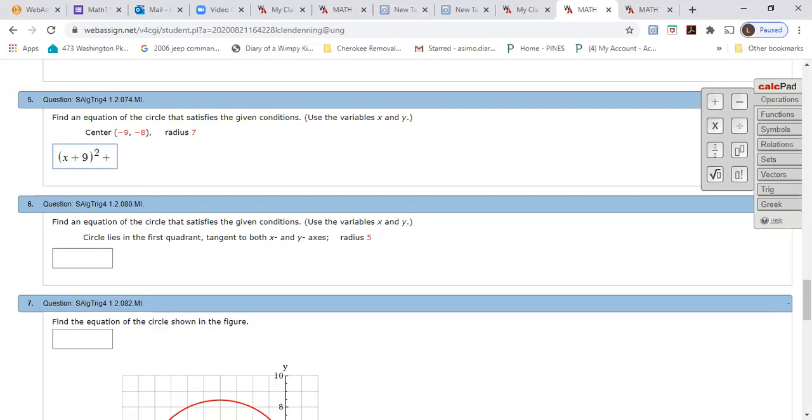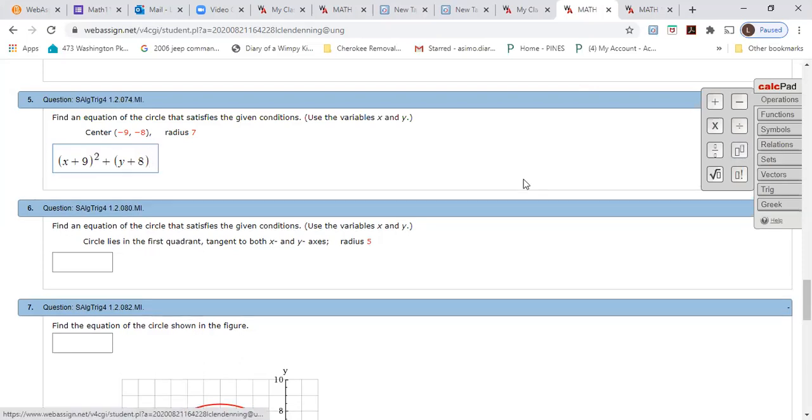So then plus, and it should look like y plus 8. And then find that exponent thing again, and square, then the right arrow, equals 49. Oh, no, I'm still up in the exponent, aren't I? Okay, equals 49. All right, I'm gonna go down and submit.